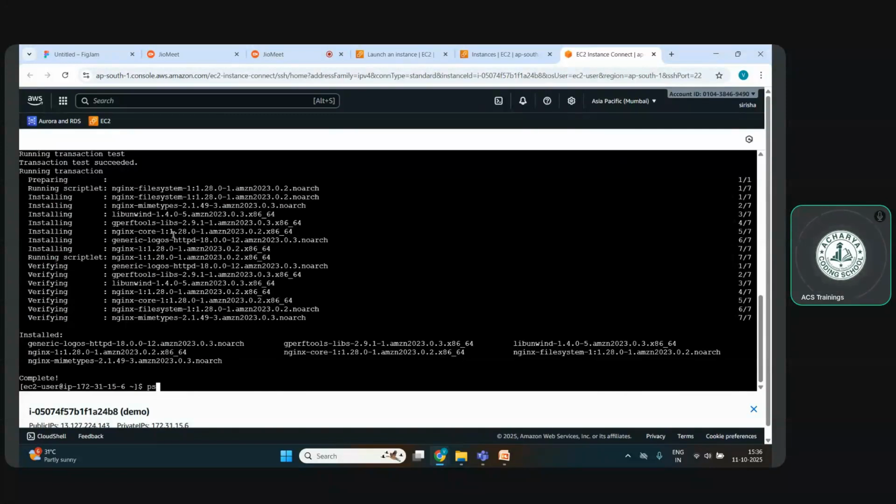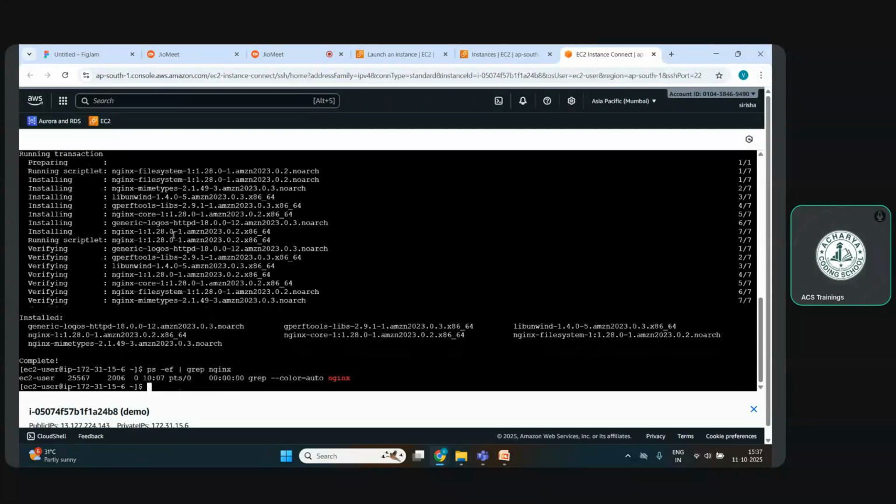Now we can check whether the process is running in our system or not. Nginx. We can see that nginx is running on our machine. With the help of the ps command you can filter as well, based upon memory percentage if you want to find out.